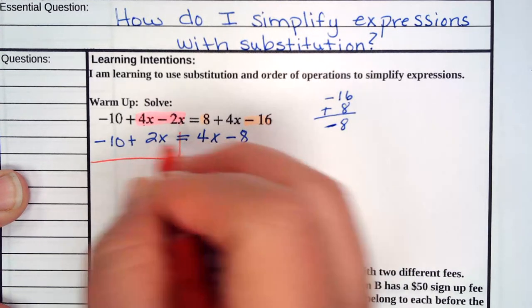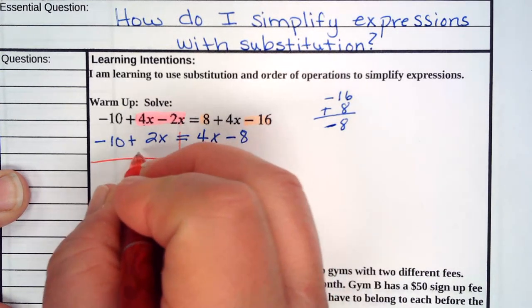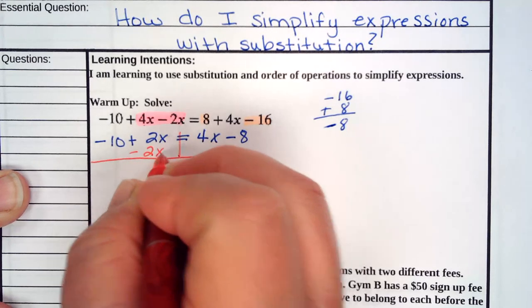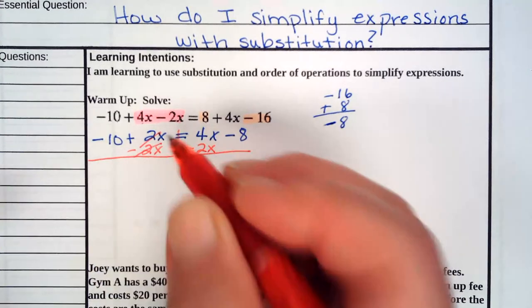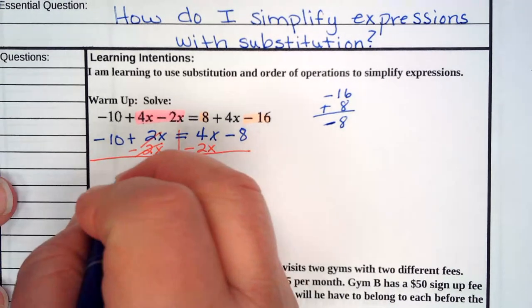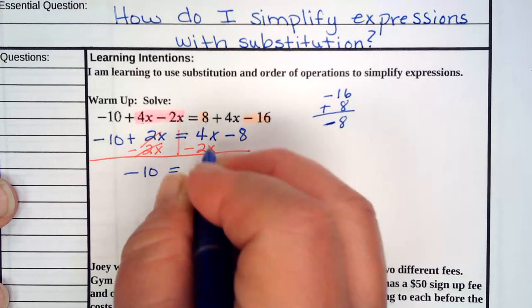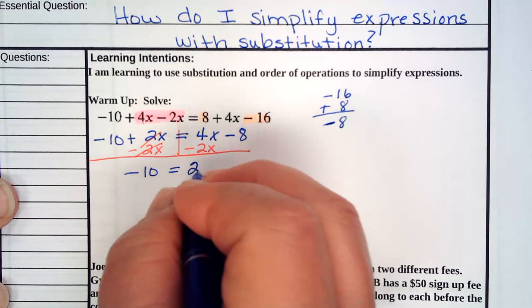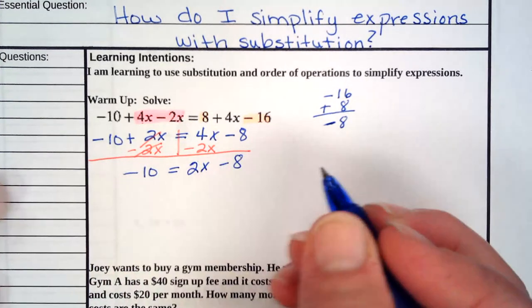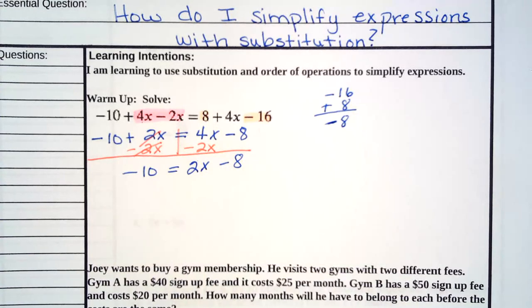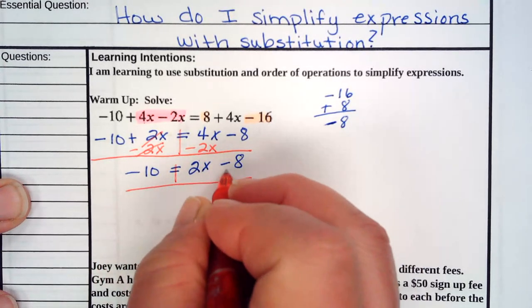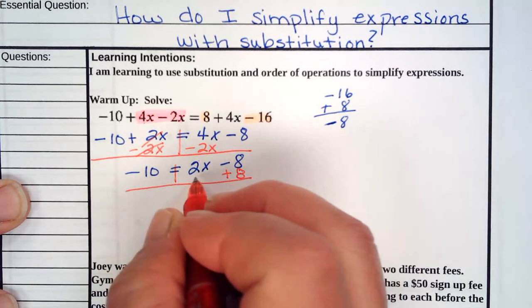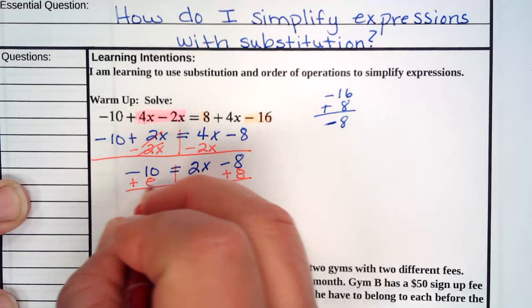Okay, I've got 2x, I've got 4x. 2x is smaller. I'll subtract 2x from both sides. I've eliminated it on one side. Negative 10 is equal to 4x minus 2x is 2x minus 8. Now, I'm going to add 8 to both sides to get the variable by itself.